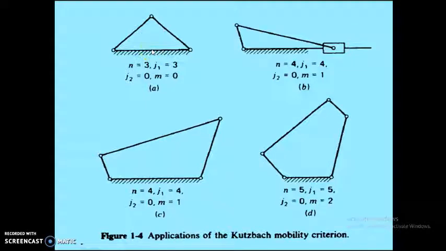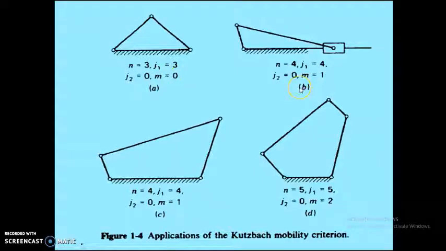So according to the Kutzbach equation, M is equal to 3 into (n minus 1) minus 2j1. Applying these parameters in the equation, we get the mobility as 0.